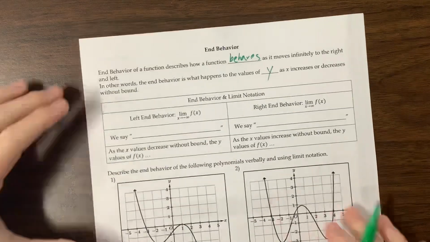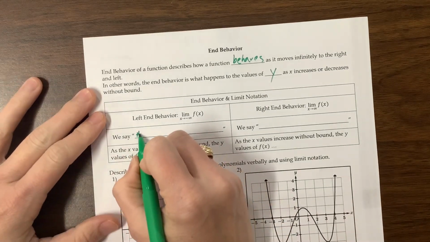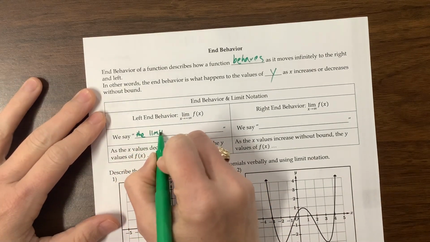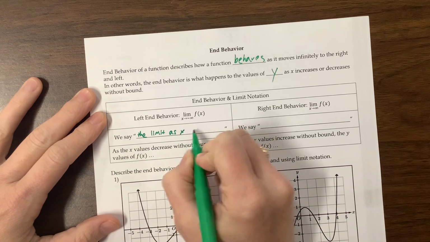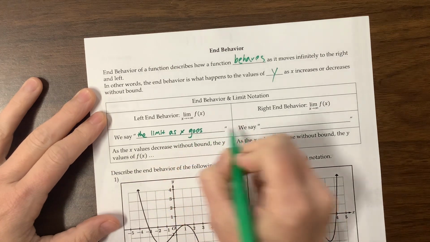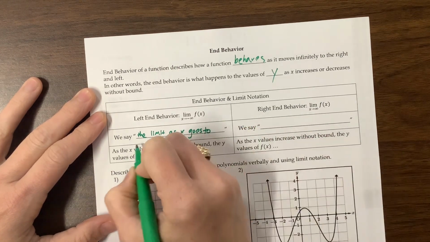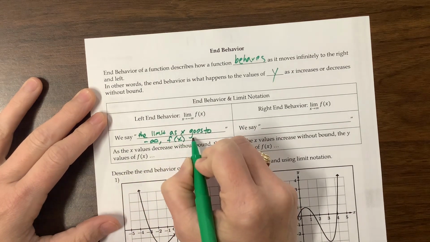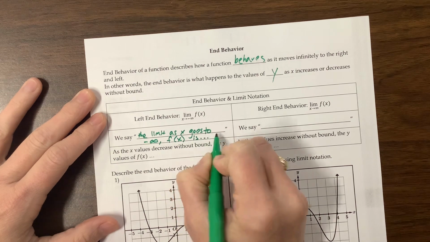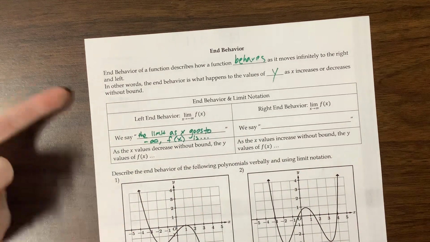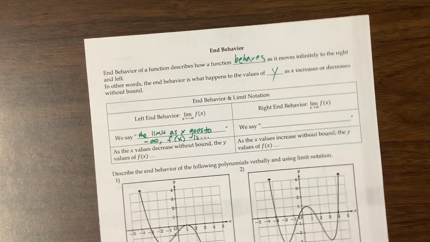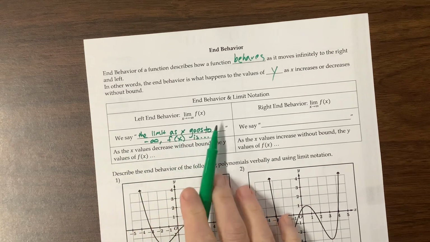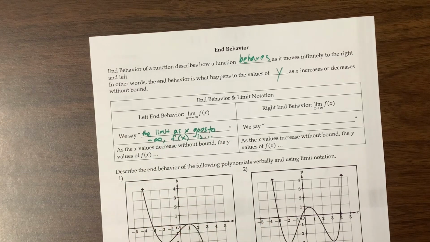And when we see this, we say the limit as x goes to, or you could say approaches, negative infinity, f of x is, and then we will fill in our blank. They haven't told us anything else, but it's the limit as x goes to negative infinity of f of x.